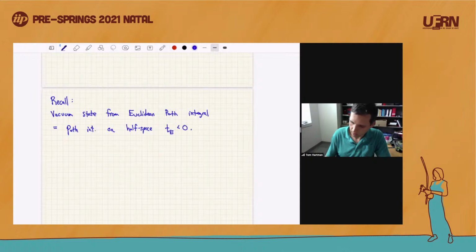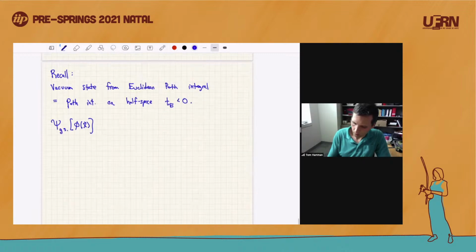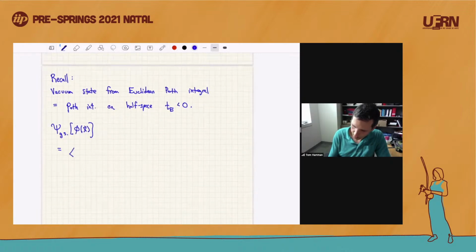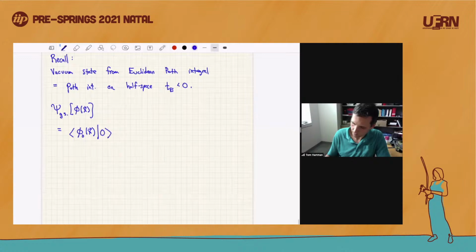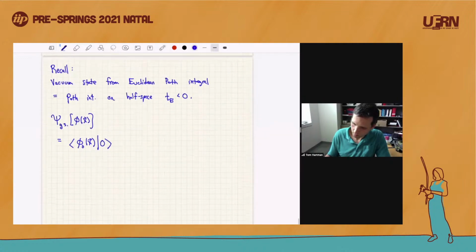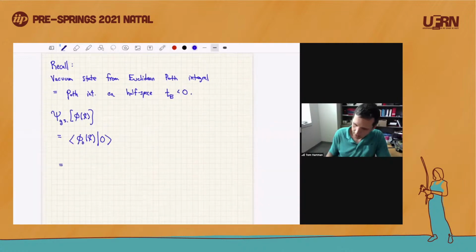What I mean by that is that the ground state wave functional, which is by definition the overlap of the ground state with some field data phi naught, is calculated by the path integral that I'm going to draw as follows.